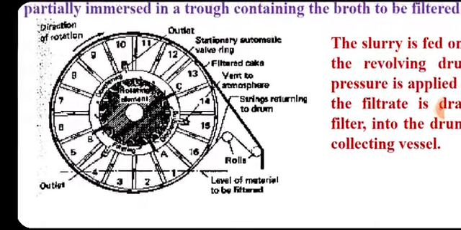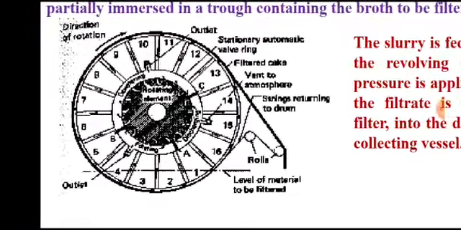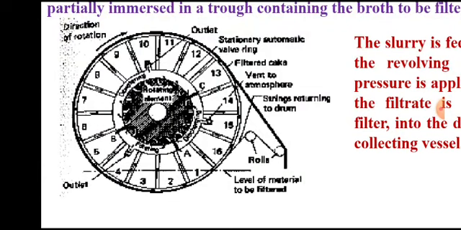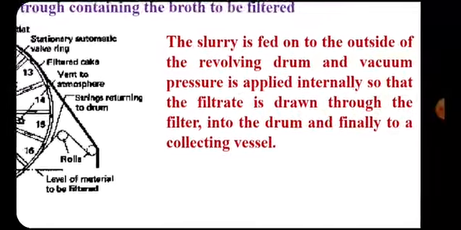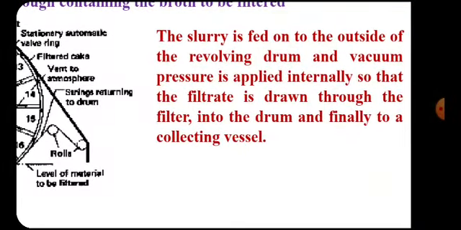You can see that this drum is covered with a filter aid as well as filter cloth. Whenever it is sucked in, the broth will pass through this filter cloth. Solids will remain outside, and whatever the filtrate is there, it will be sucked inside into all these chambers, and from these chambers the filtrate is collected through a collecting vessel.